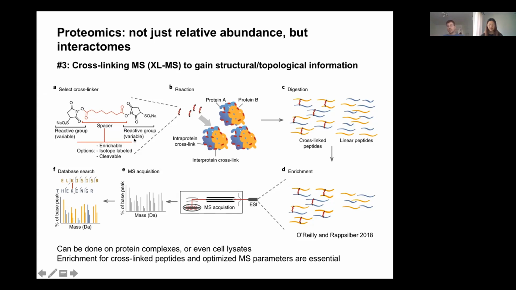If we use a cross-linker that has specific reactivities, we will hopefully gain either inter-protein or intra-protein cross-links that tell us not only were these proteins close, but this specific peptide or region of protein A was in proximity or interacting with protein B.